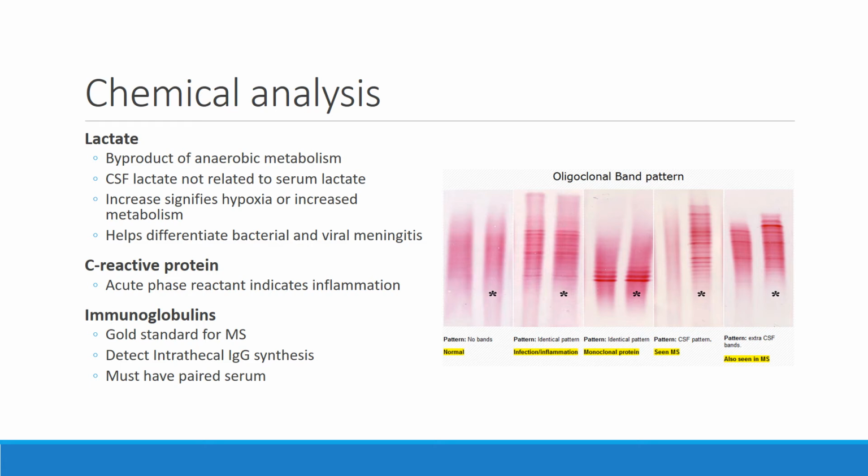Lactate is constantly produced from pyruvate during anaerobic conditions. And we do see these levels in the CSF at a certain rate, and the normal level for lactate in the CSF is between 1 and 2 millimoles per liter.